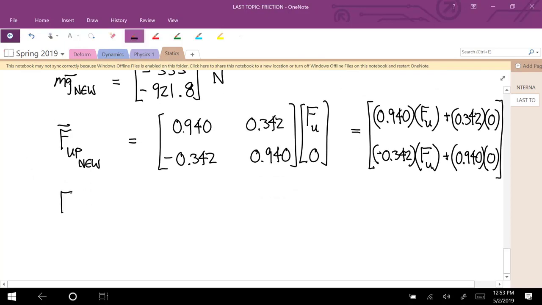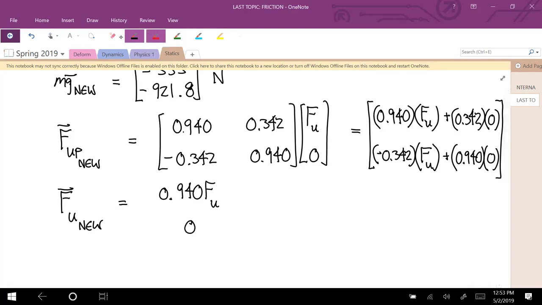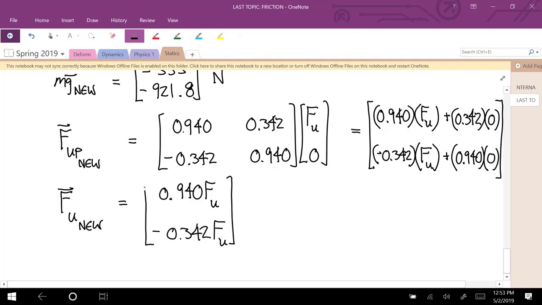And you come up with a force up the ramp in the new coordinate system of 0.940 Fu for the x component, and for the y component, negative 0.342 Fu. Or if you don't want to do it that way, just set up the right triangle trigonometry and do it the way you did it in Physics 1. They both give you the same answer.